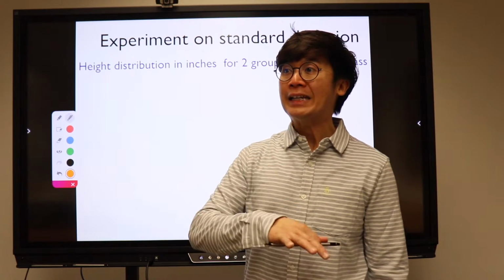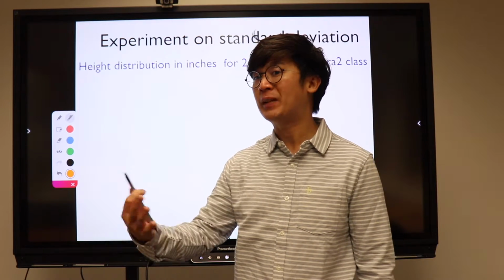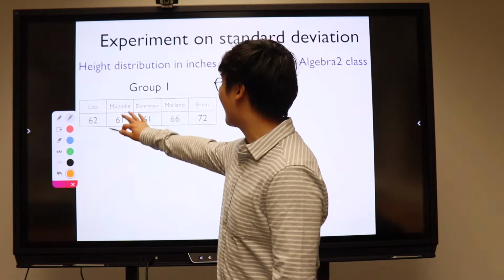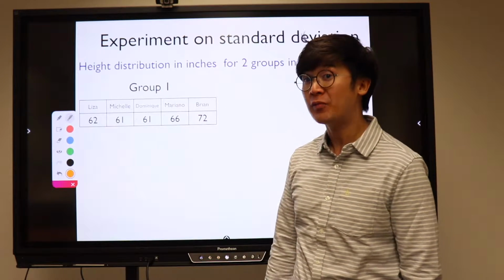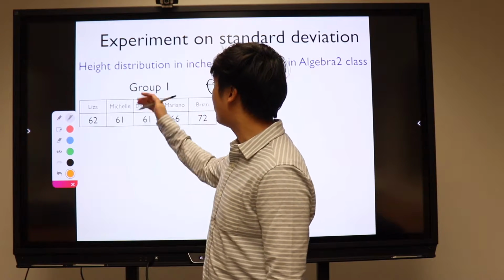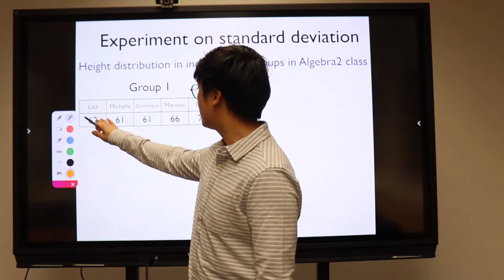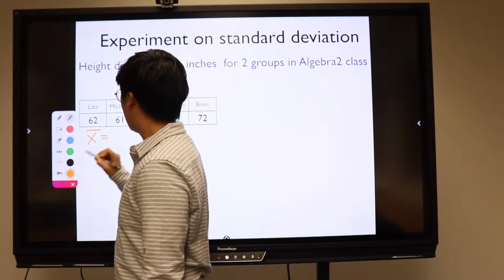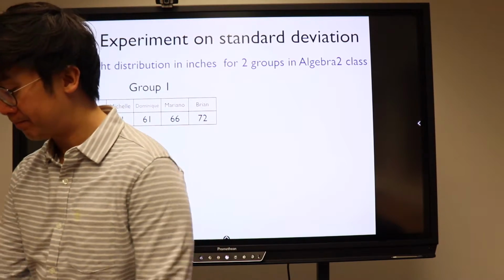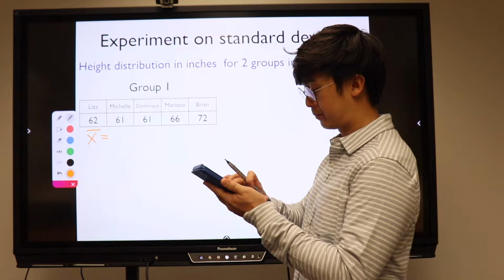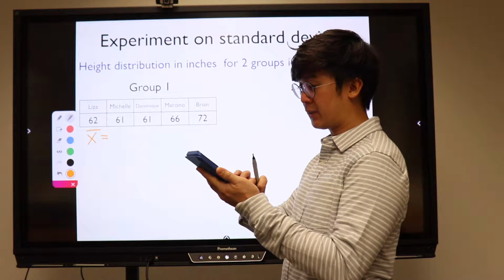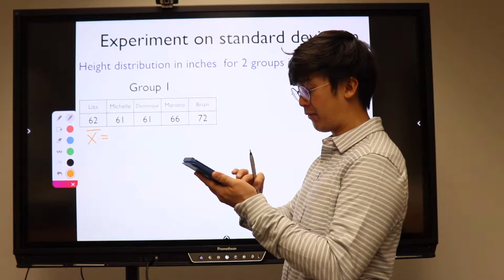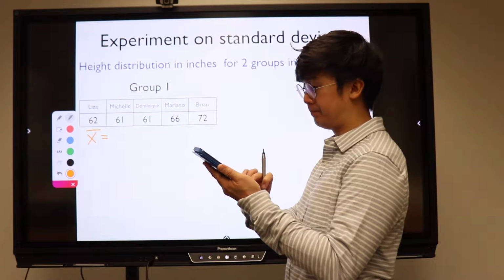If we talk about the mean, you'll be able to visualize what the mean is. Mean is just the average, right? So if we're going to compute the average height of this group of people, what is the average height of my first group with a height of 62, 61, 61, 66, and 72? The mean height is, can you please compute for it? 62 plus 61 plus 61 plus 66 plus 72 divided by 5.